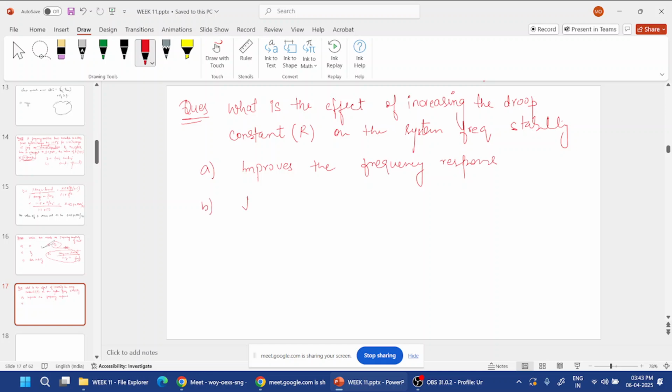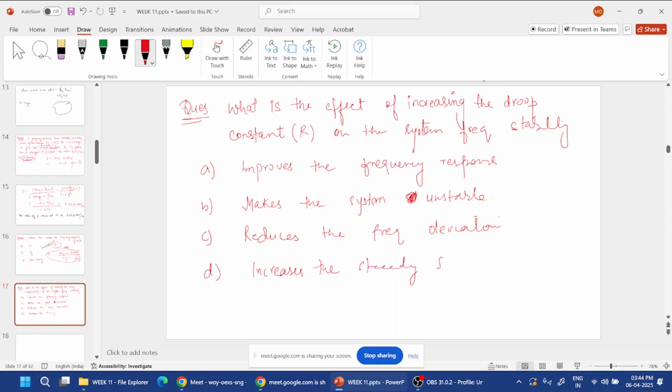B. Makes the system unstable. C. Reduces the frequency deviation. D. Increases the steady state error.